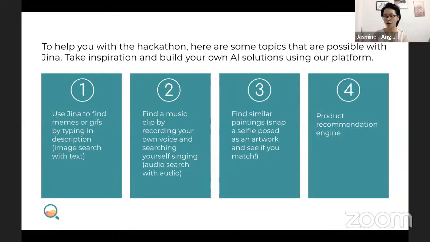And another example could be a product recommendation engine. So fellow hackers, there is no limit to what you can build with Jina. And we really want to see you being creative, you being original, you going outside the box in this hackathon. So these are just a few examples to help you start brainstorming.